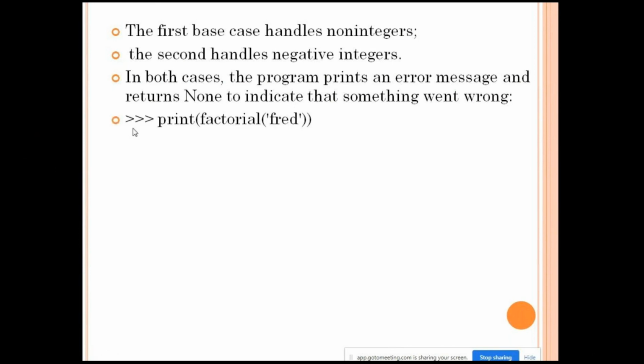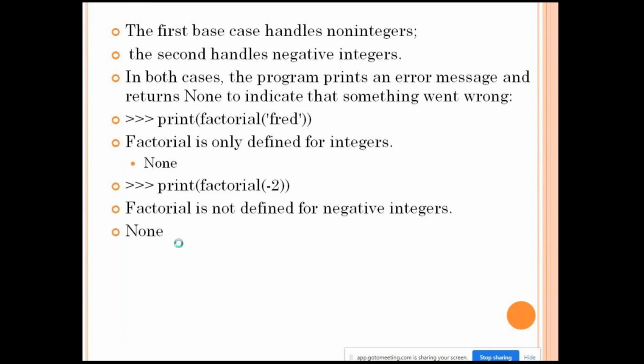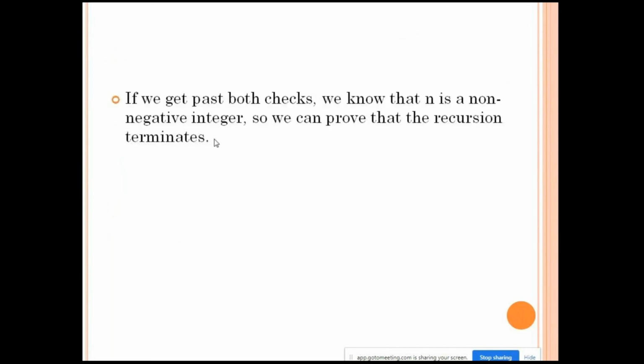Printing factorial gives factorial is only defined for integers, None. Print factorial of -2 gives factorial is not defined for negative integers, also returning None.